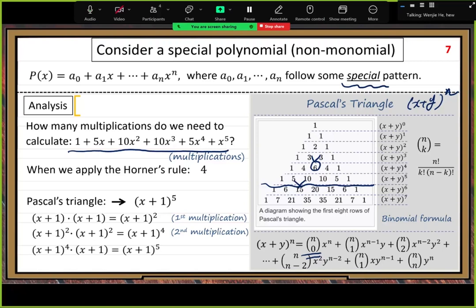The last one, x plus 1 to the 4th times x plus 1, x plus 1 to the 5th, third multiplication. So you need 3 multiplications to find this binomial. So your final answer, you just need 3 multiplications. Better than Horner's rule's 4 multiplications, right?